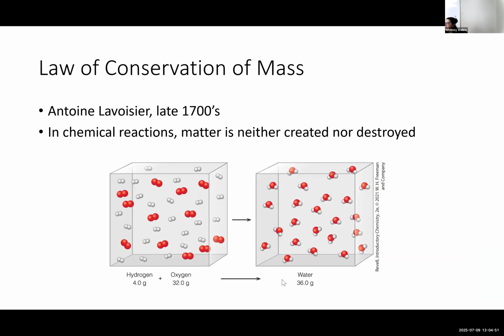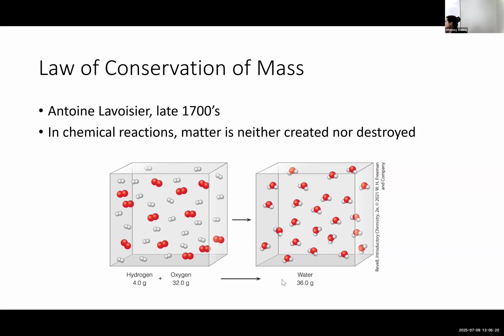In the late 1700s, Antoine Lavoisier found the law of conservation of mass, which we hit on when we were balancing reactions. Mass or matter is neither created nor destroyed during these reactions. If I have 1 gram of this, it can turn into a different amount, but the atoms don't change. If I have 5 atoms of carbon, following the reaction I should still have 5 atoms of carbon.